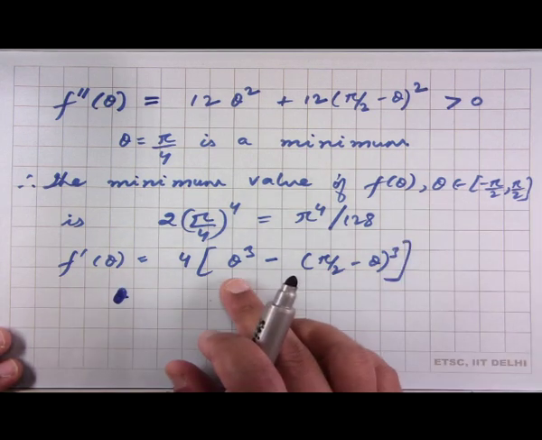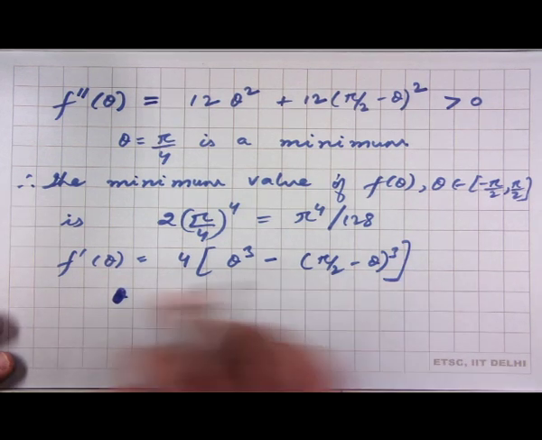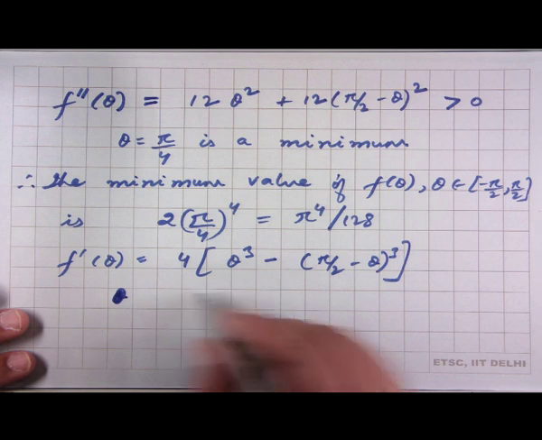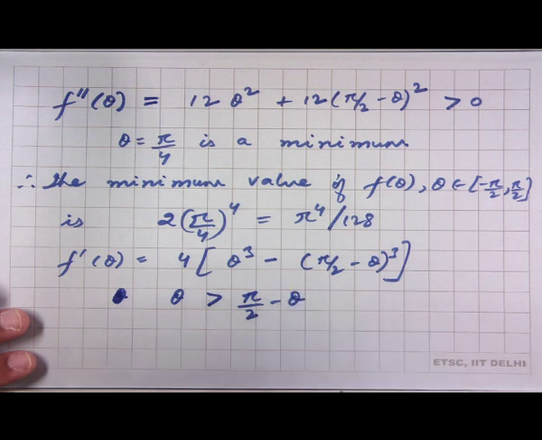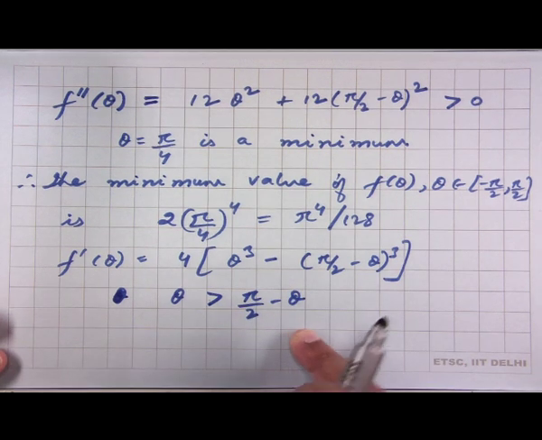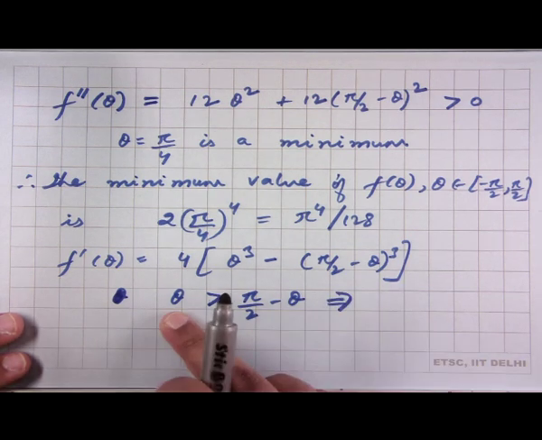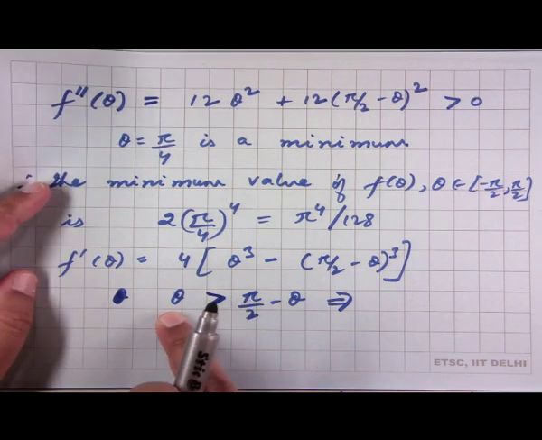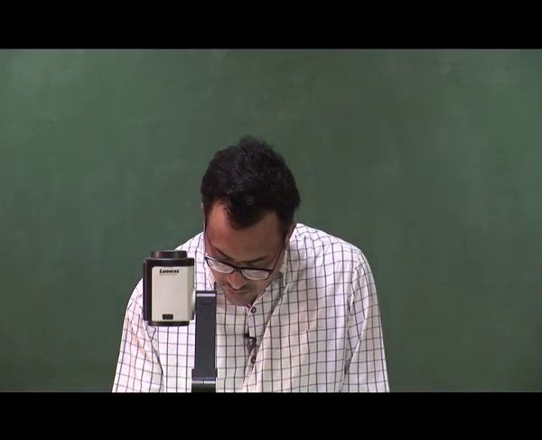We know that there is only one place where it is equal to 0, but what about the value of the first derivative at other values of θ in this interval? So, it is clear that when θ is greater than pi by 2 minus θ, let us consider this region of θ. When this is true, it actually depends on the values taken by whether it is positive or negative. So, a little graphical plot would actually help us here.